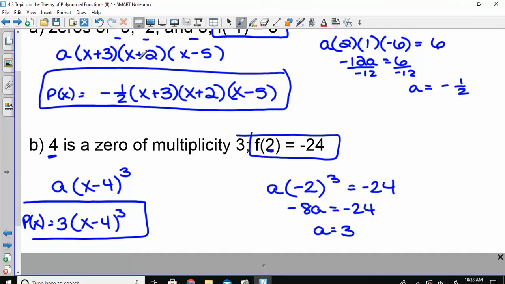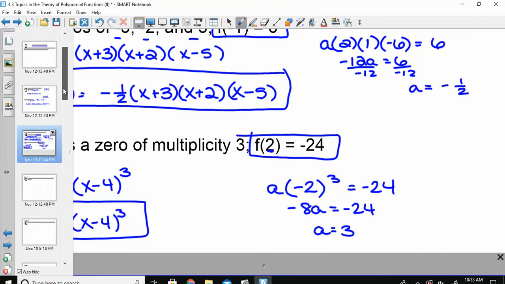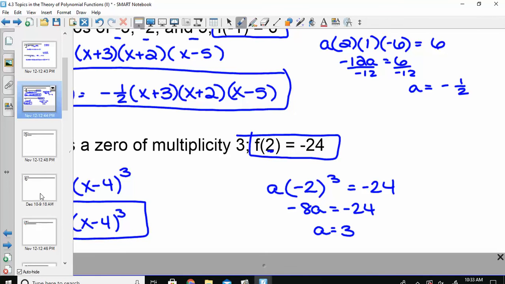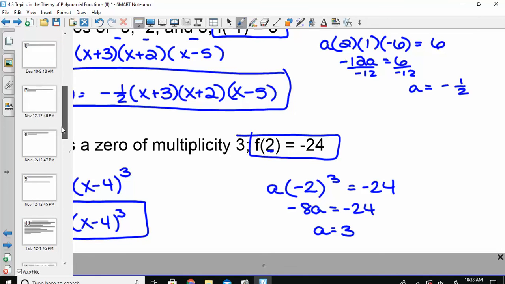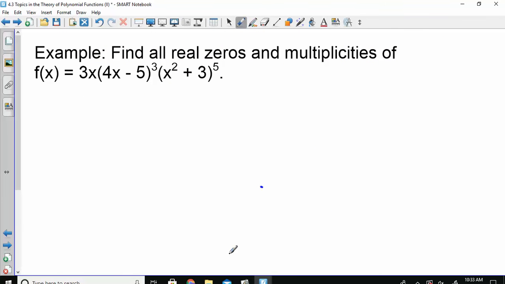Can I do one last quick example, then I'm done? So I gave you an equation in factored form, and I want zeros and multiplicities.